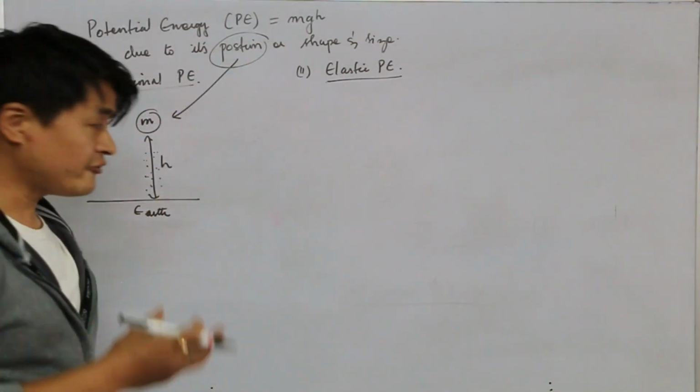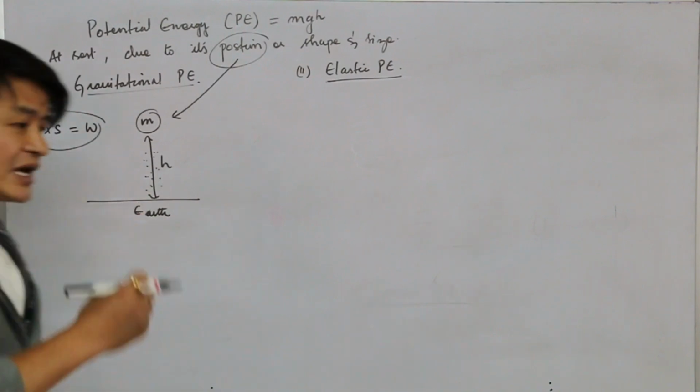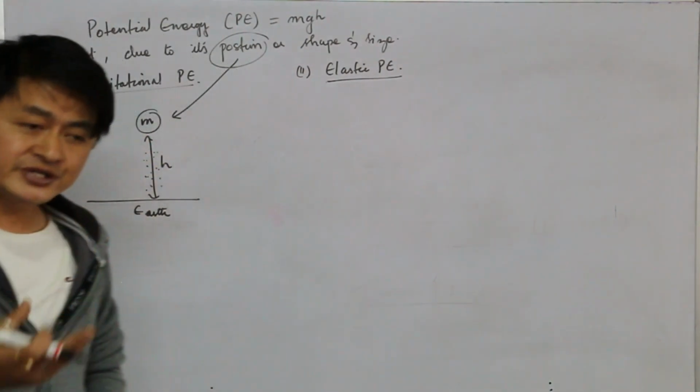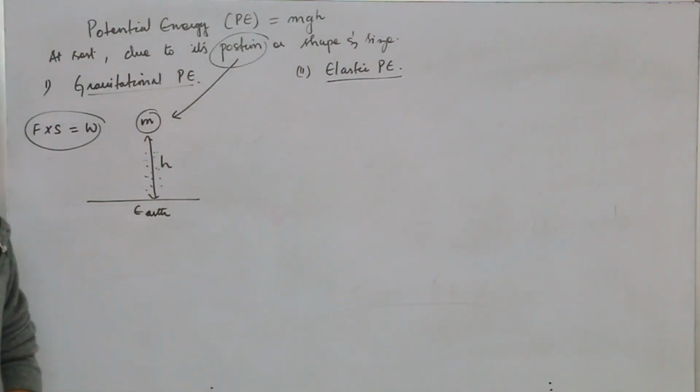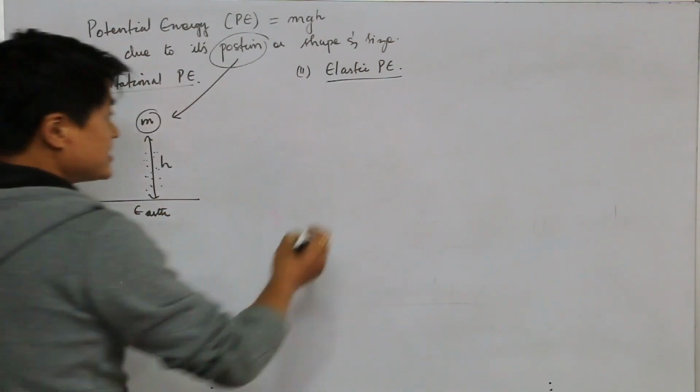When an external force is applied on a body which will deform its shape and size, the potential energy possessed by a body to deform its shape and size is called the elastic potential energy. Let's take one example.